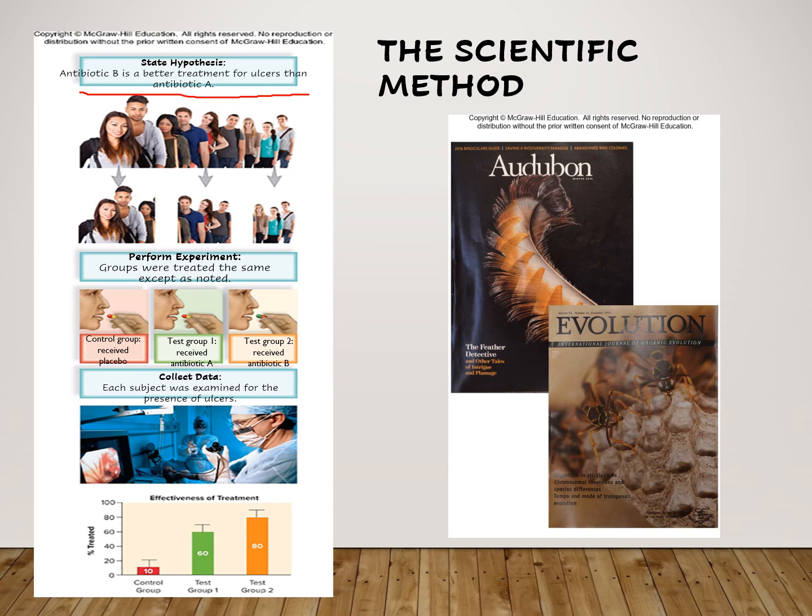He split the experiment into 3 different groups: the first one is the control, then we have test group 1, and then test group 2. And then they collect the data. Each subject was examined for the presence of ulcers, and then they have the results. When you have the result, you have to do the statistical analysis, and then you have to come up with a conclusion.